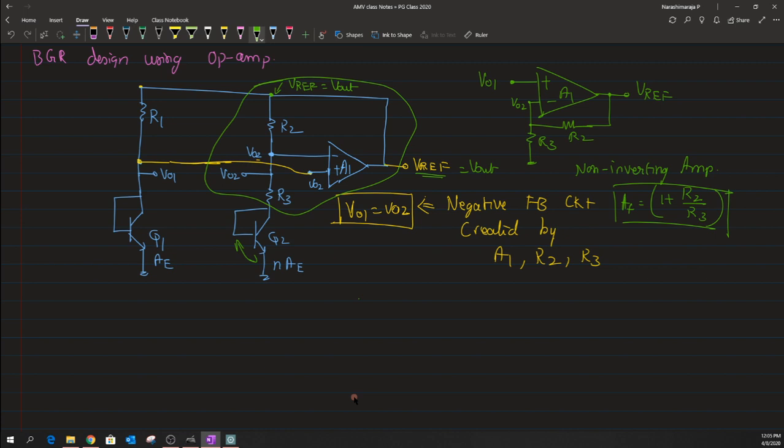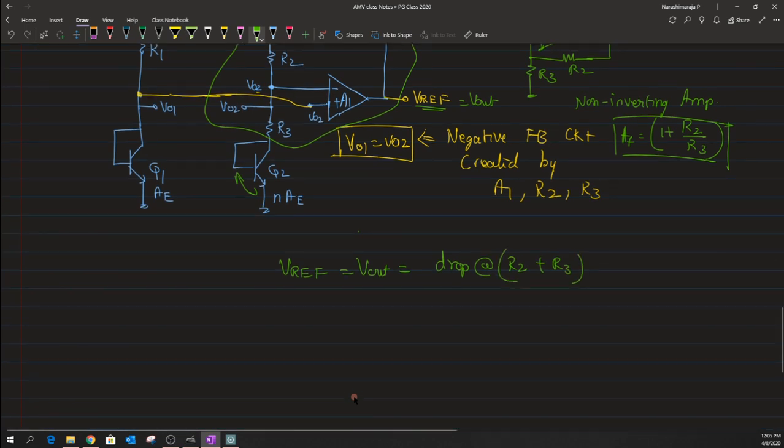The drop across R2 plus R3, because the same current flows through both resistances, I could write as R2 plus R3, plus the VBE potential drop across the Q2 structure, which I can write as VBE3.